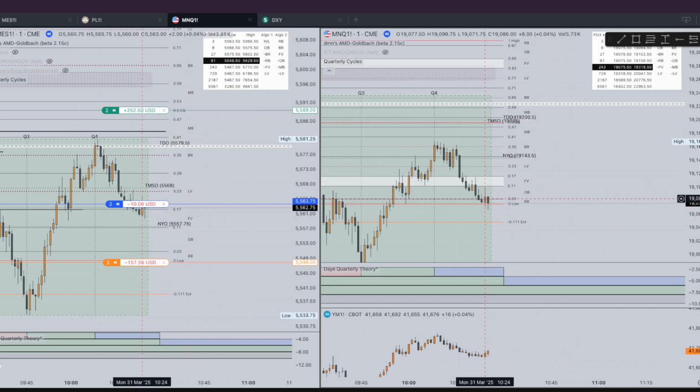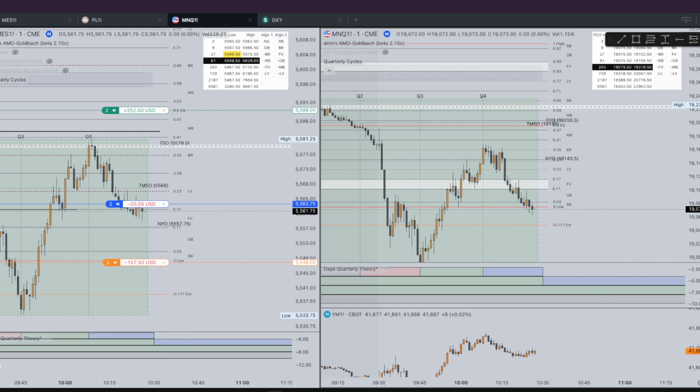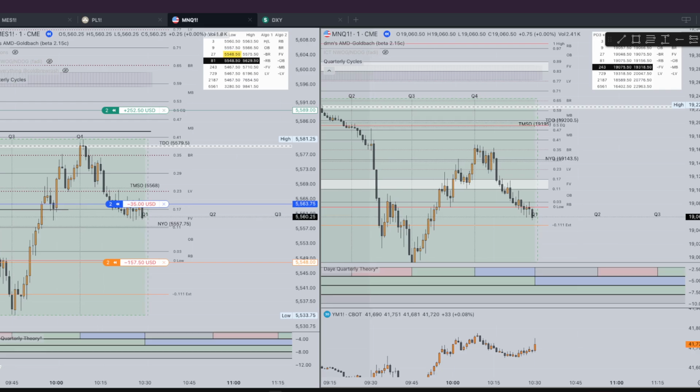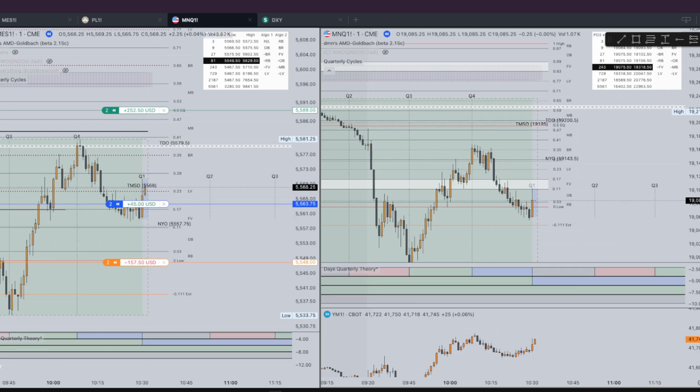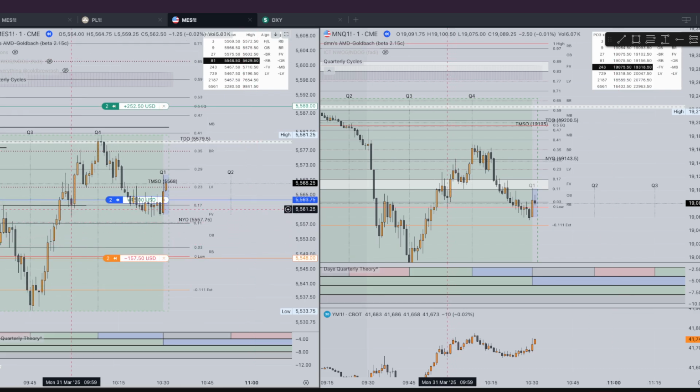Okay, so this got taken out, right? We still in macro. Okay, we left macro some while ago, but I think our entry was here, which was the macro entry. Okay, on ES.